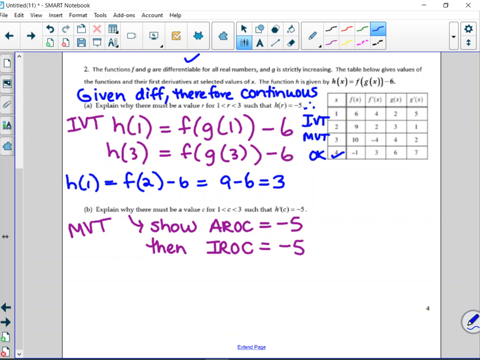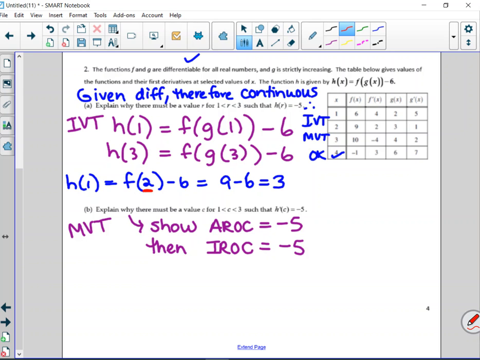All right, so I've got to find h of 1 and h of 3. And I'm hoping that these two numbers are on either side of -5. So h of 1 is f of g of 1 minus 6. Composition of functions: start on the inside. g of 1 is 2.